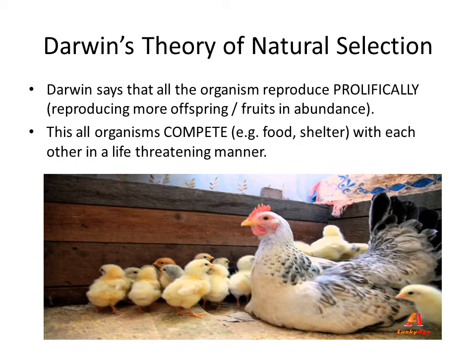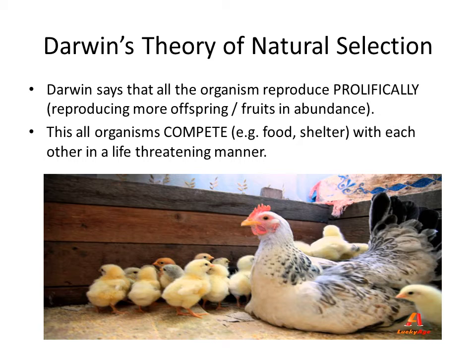Now, what is Darwin's theory of natural selection? Darwin says that all organisms reproduce prolifically, that is, reproducing more offspring or fruits in abundance. Meaning of prolifically is reproducing more offspring in abundance.